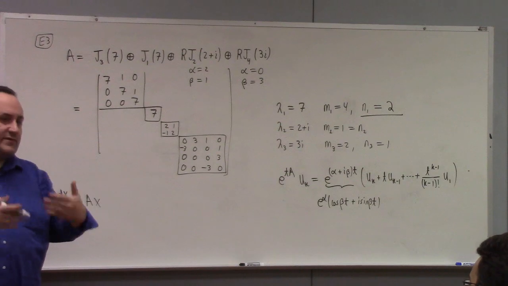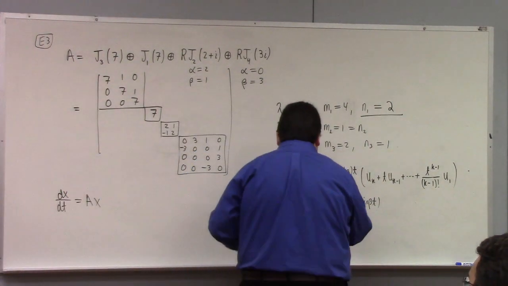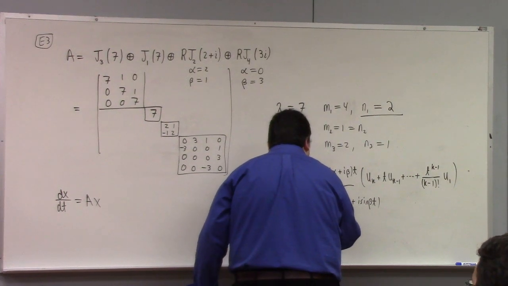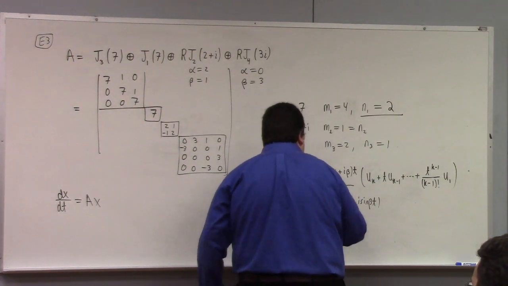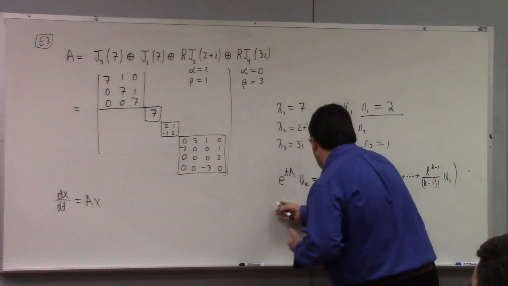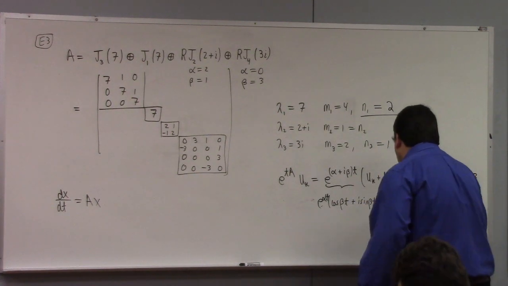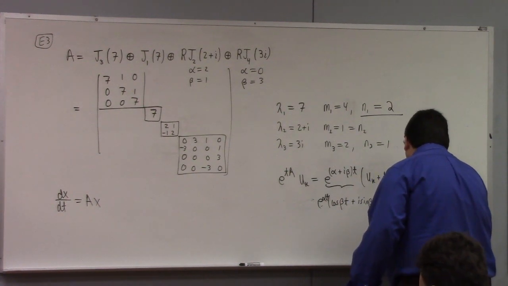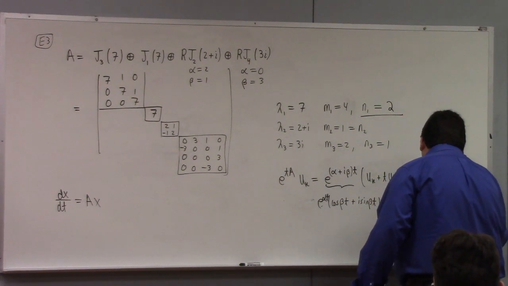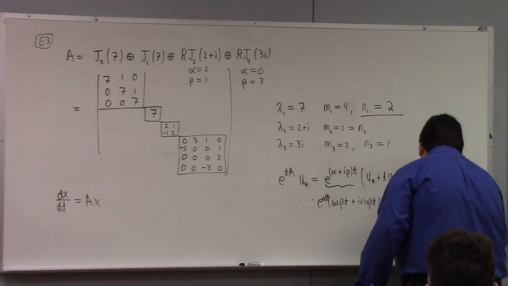So for the real solutions, if I call this whole thing Z, then the real part of Z and the imaginary part of Z are both real solutions.